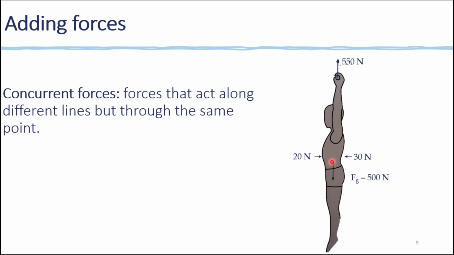And then we have this upward reaction force of 550 newtons, exerted by the bars on the gymnast's hands. If we know that the gymnast's mass is 51 kilograms, then we plug that into our F equals ma equation, and we find that the force of gravity is 500 newtons downwards.